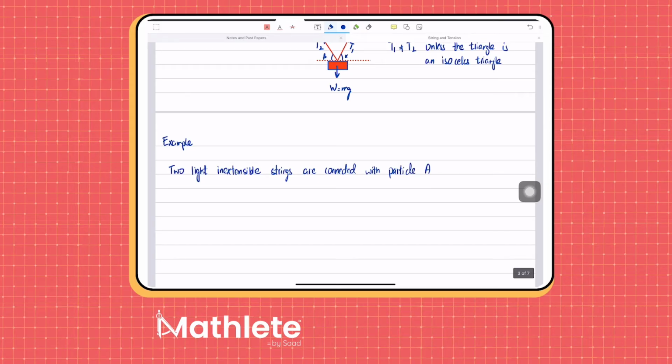Two light inextensible strings are connected with particle A of mass m kg, held in a state of equilibrium.